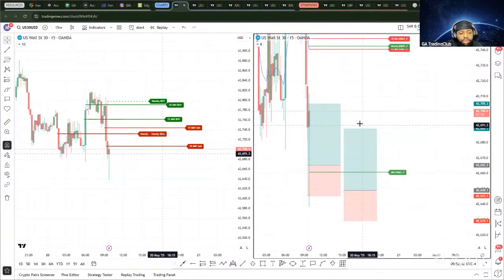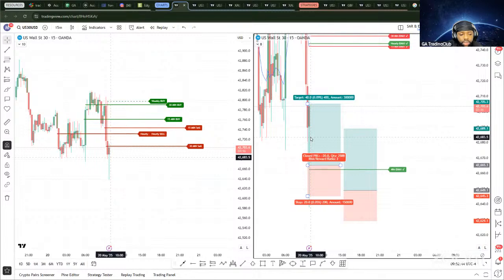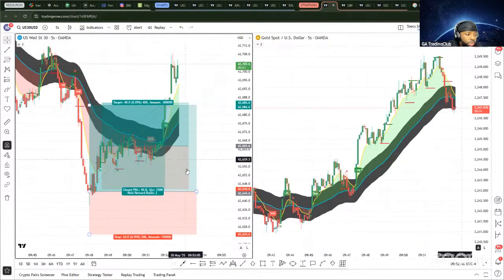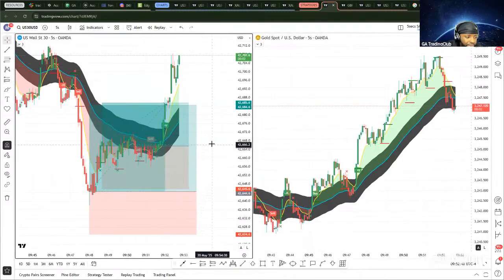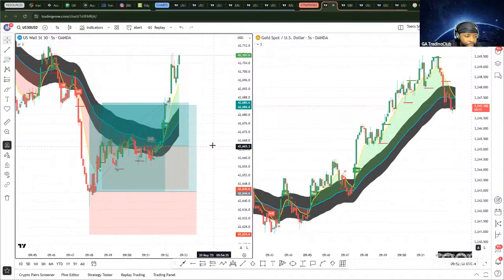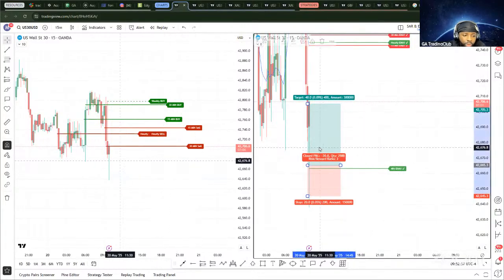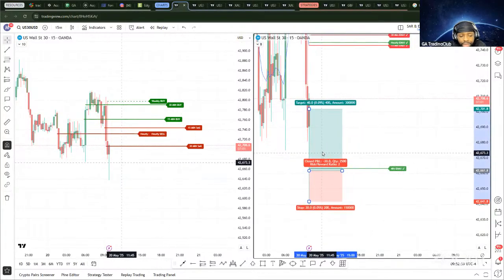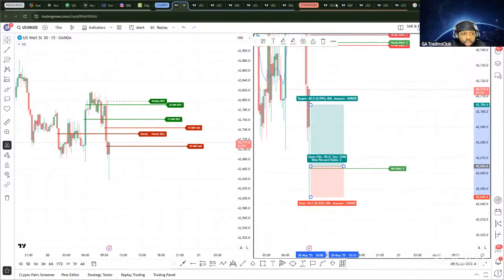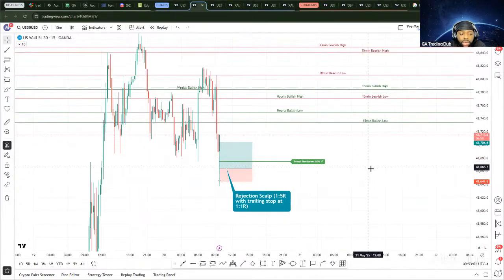Okay, so let me think this through. The entry for this trade wasn't at the 10-point, it was at 42,665. So that trade validated the 4-hour EMA, it validated the pre-market low, right? So let's go to our pre-market low indicator. You see that?